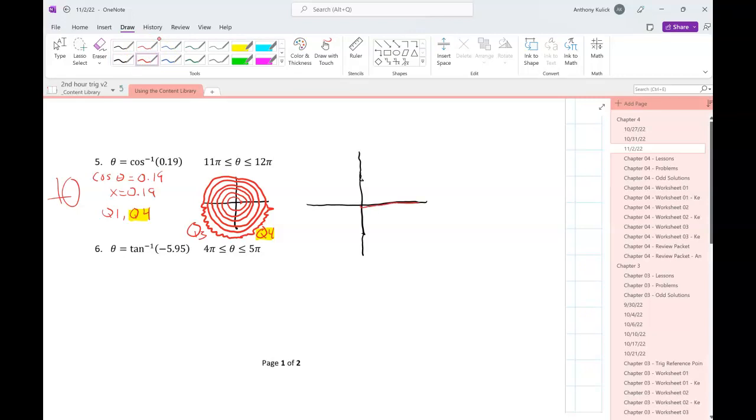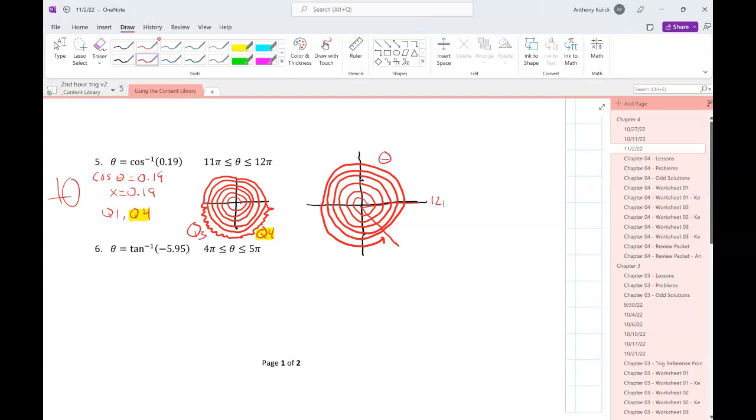So draw my initial side and my terminal side. And now I'm going to draw in the rotations for my angle theta, which again is going to take a while, because it has to lie between 11 pi and 12 pi. So half, 1, 1.5, 2, 2.5, 3, 4, 5, 6, 7, 8, 9, 10, 11, and there we're at.